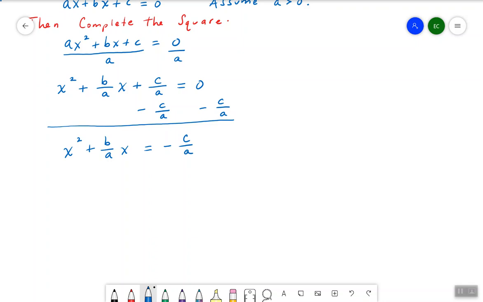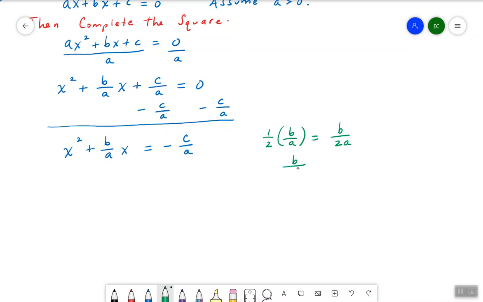And of course now what we want to do is complete the square on the left-hand side. We want to make a perfect square trinomial. And so do you remember that process? You take the coefficient on x, which in this case is b over a, and you take half of it, and that gets you b over 2a.